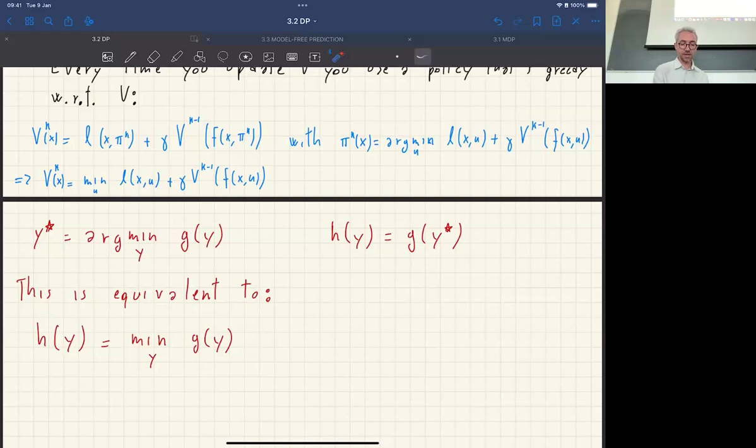And this expression in this case would be basically the value. So the new algorithm that I can obtain does not need to store the policy. It just needs to store the value. And that's why it's called value iteration. And the previous one was called instead policy iteration.